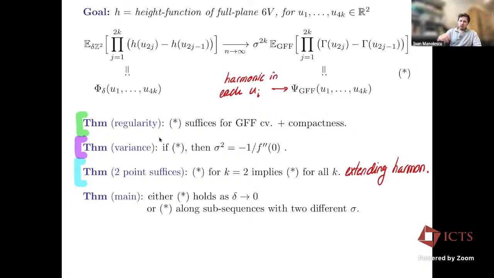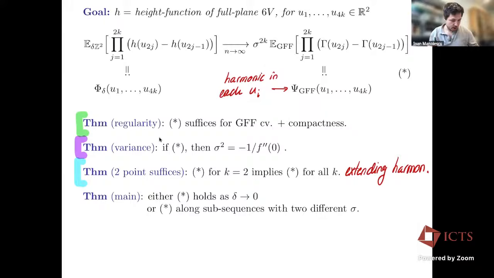So what I wanted to say is that you extend harmonicity from k equals 2 to k larger than 2. If you have this kind of convergence for the 2-point function, then you have harmonicity, and you can extend it to the k-point function.